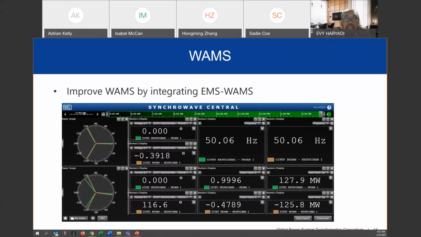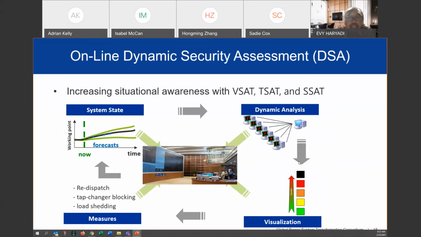We want this WAMS to be improved by the new control center, integrated to our EMS, the existing EMS or the new EMS. And next. Next slide, please.